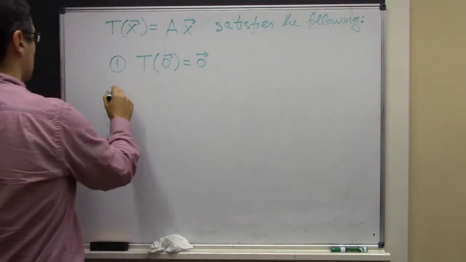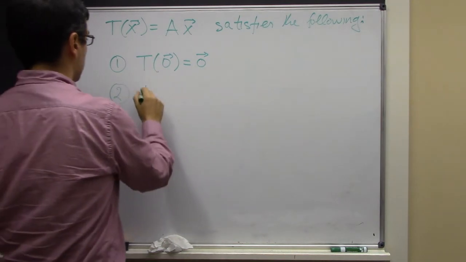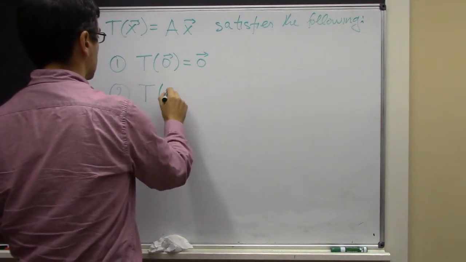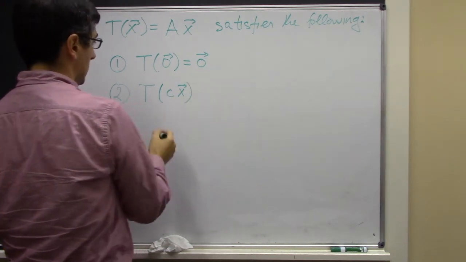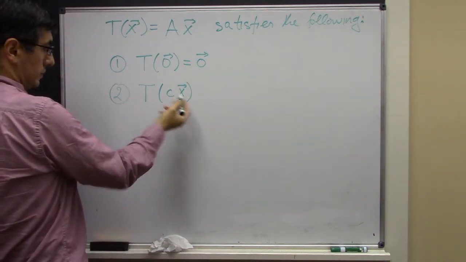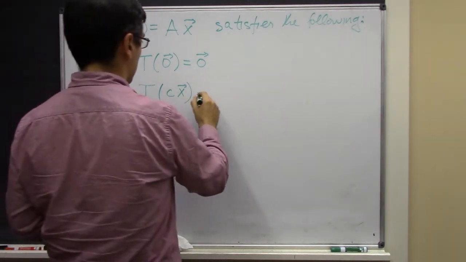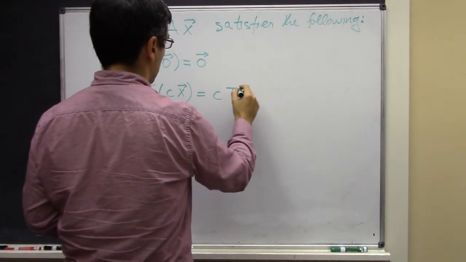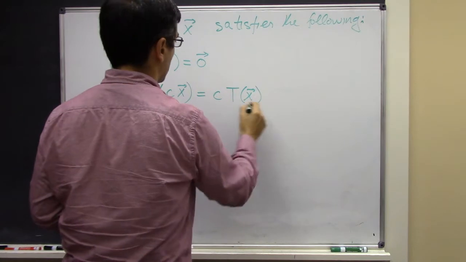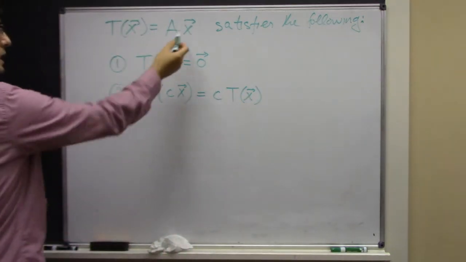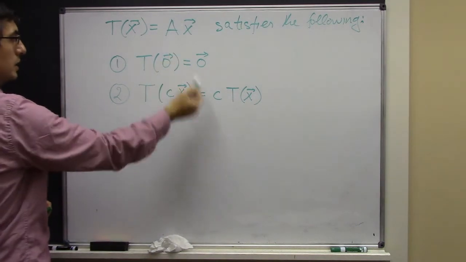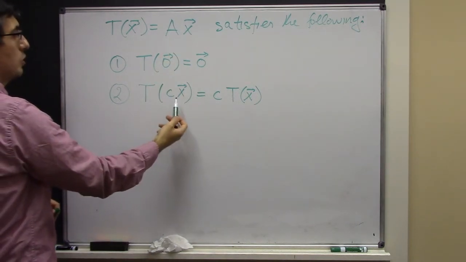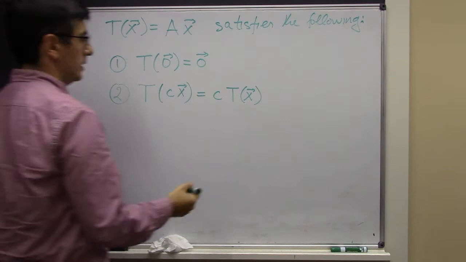Then two, if you take some constant and multiply x by that constant, what you will get is the image of x itself multiplied by that constant. This again follows from the matrix equation. You can show that for any constant this is true.